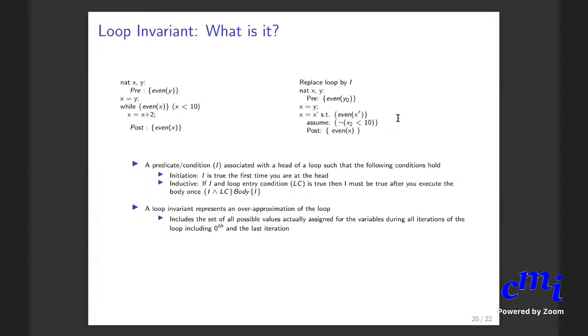It could also be that the loop invariant you have proposed is too weak, over approximating the loop too coarsely, and that might be the reason you're not able to prove the post condition.